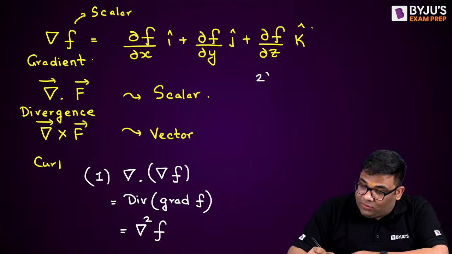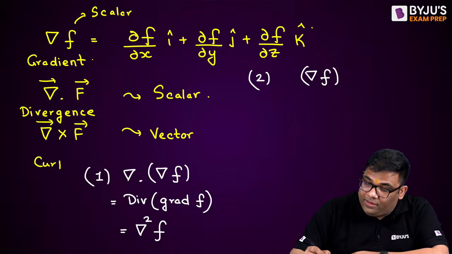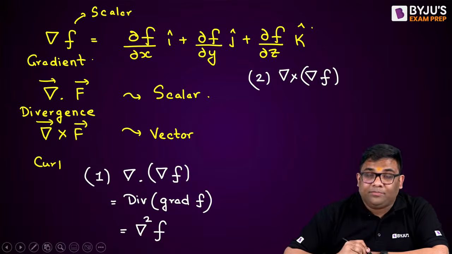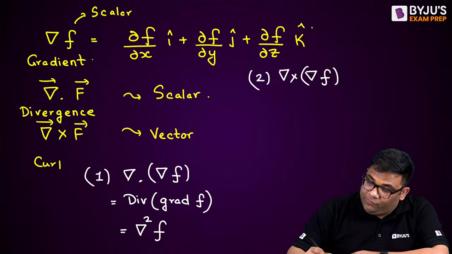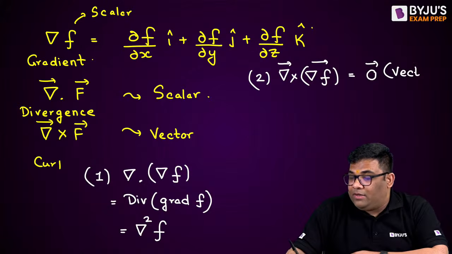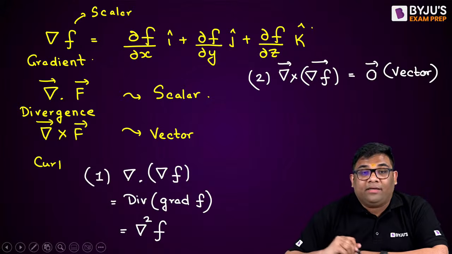Now the second identity we saw: if you take the gradient of f and do a cross product, this was a dot product, right? If you do a cross product, then I will get a 0, but this will be a vector because vector cross vector gives a vector.